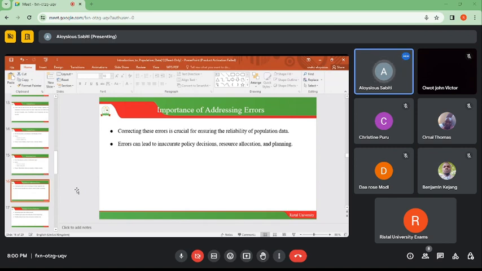For example, they may allocate delivery beds to a health facility whose catchment population has fewer women of reproductive age, whereas a health facility located in an area with a high population of women of reproductive age may not be allocated delivery beds, a maternity ward, or those couches that could be very important for that particular population.